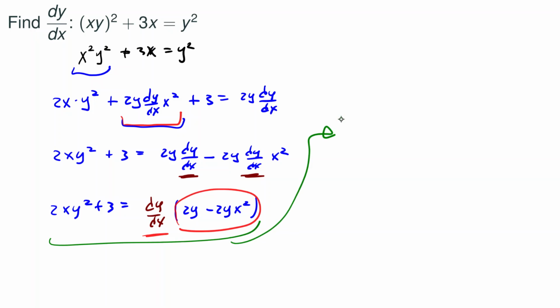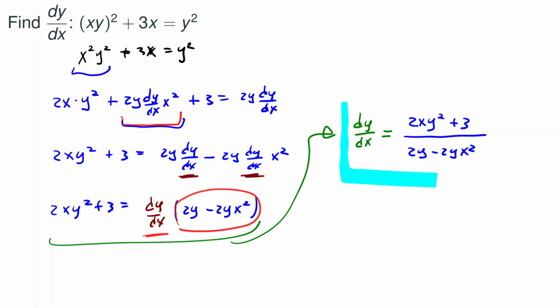So let me write the final answer right here. dy/dx equals 2xy squared plus 3 over 2y minus 2y x squared. So this is the derivative of y with respect to x.